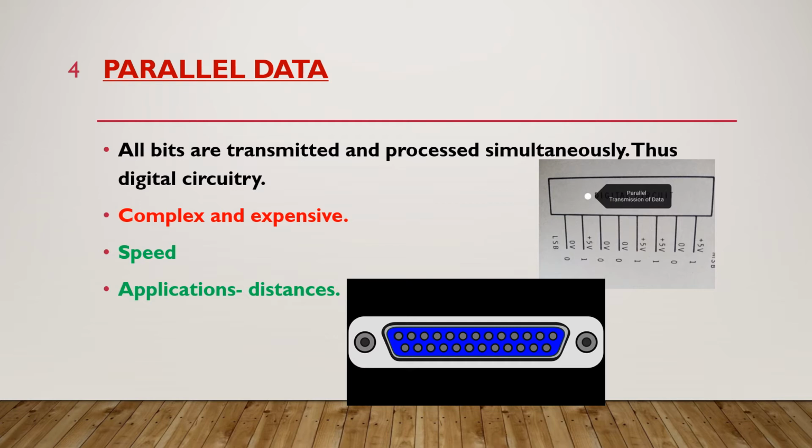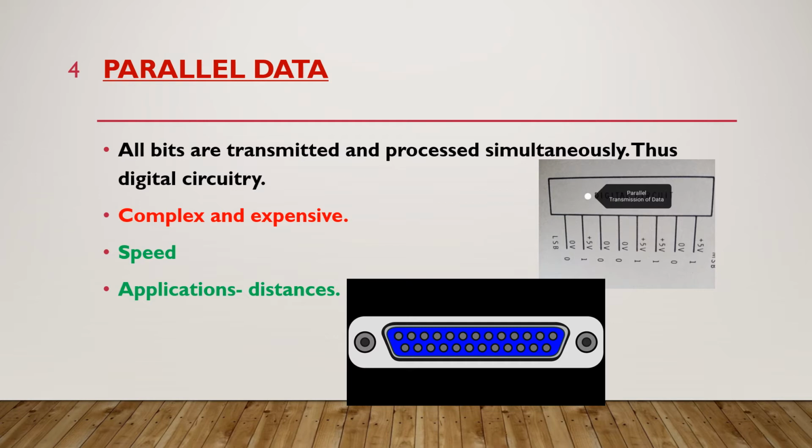In the parallel transmission there are approximately 25 ports, and in the serial you must have seen there are only 9 ports. In the diagram on the right hand side in the corner, it is the parallel transmission of data where all the 8 bits are shown and they are being transmitted simultaneously. Similarly, they are being processed simultaneously also.